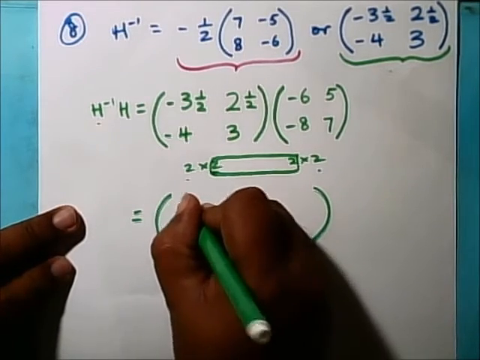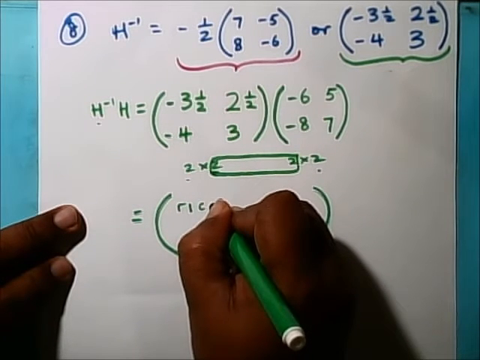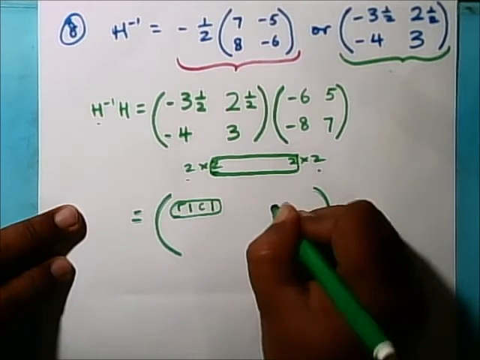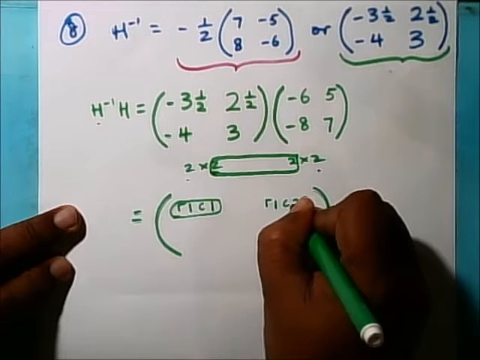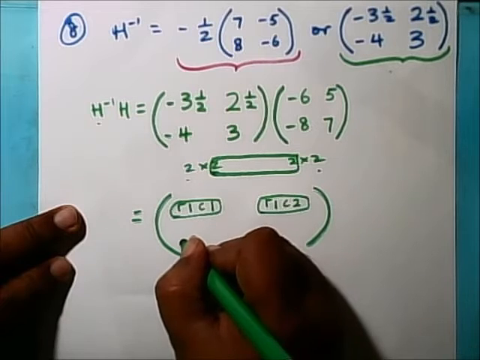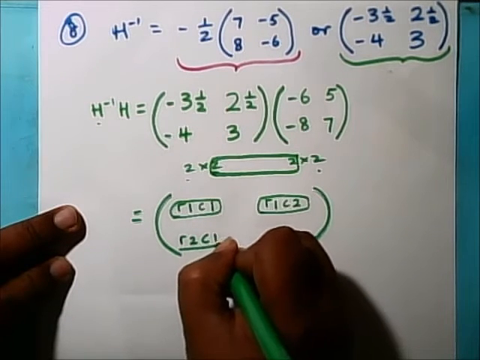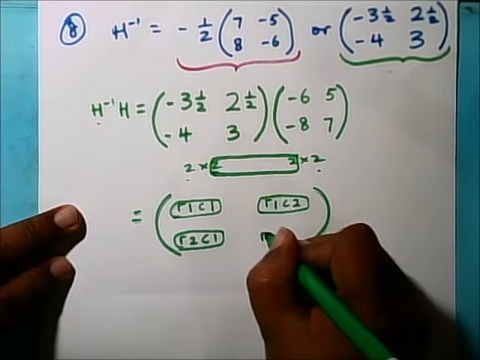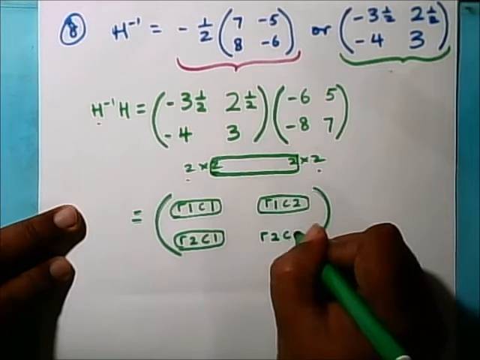Our first number will be in row 1, column 1. Our next answer is in row 1, column 2. Our next is in row 2, column 1. And our other answer is in row 2, column 2.